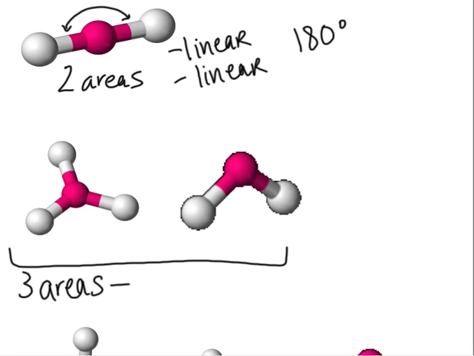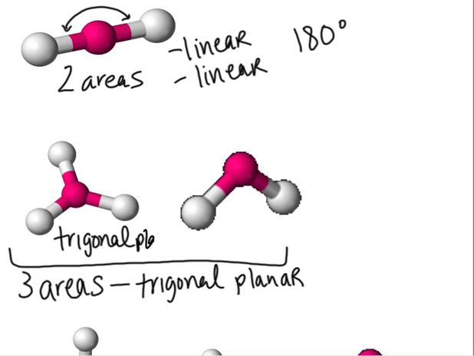Because it's flat, we call it trigonal planar. Okay? So that's the family for 2 different structures. If all the areas are bonded areas, the molecular geometry is also trigonal planar.